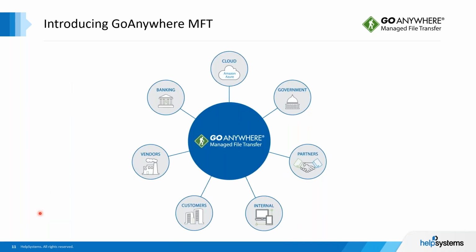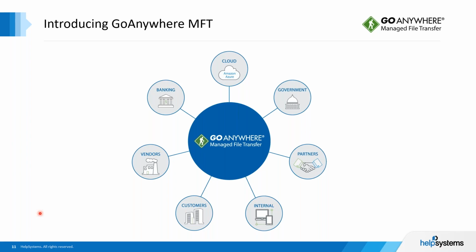This leads me into GoAnywhere. GoAnywhere MFT is our managed file transfer solution here at Help Systems that we've developed and sell around the world. And we believe it's the best enterprise-level MFT solution in the marketplace. This diagram gives you a quick overview of its capabilities and of whom we can share files with. GoAnywhere can be installed on most operating systems.